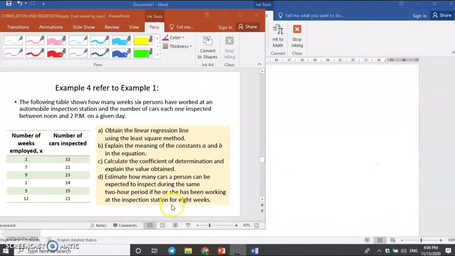So in order to predict future outcome, for example, yang ni kan, you want to observe bila we have 8 weeks number of employee, we have 8 weeks. So how many cars yang be inspected? Estimate how many cars a person can be expected to inspect. So means berapa banyak number of cars inspected tu kita boleh cari. So that one adalah future outcome. Okay, so this is one of the example yang I said earlier lah.